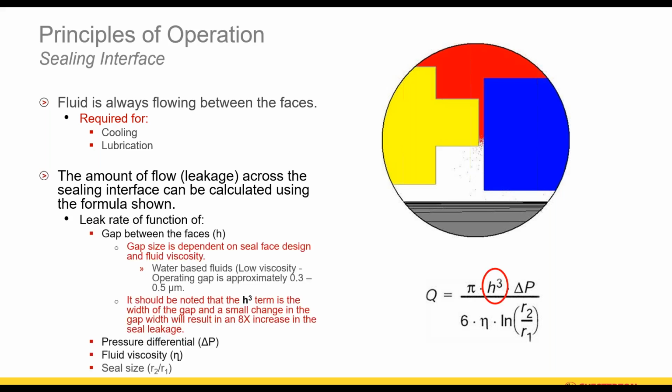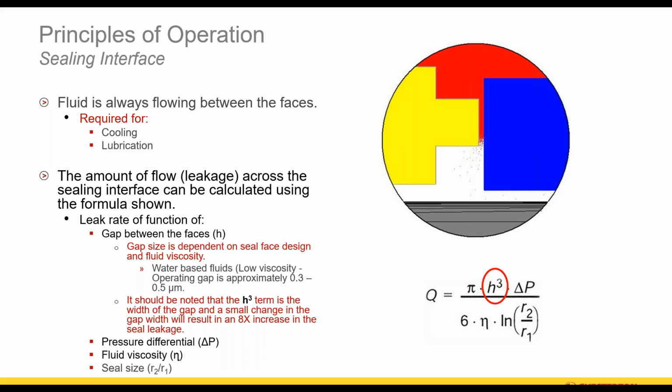The first big consideration is this H cubed term in the equation. That is the physical gap between the two seal faces. Obviously, the wider that gap, the greater the leak rate. And the fact that it's a cubic function, raised to the third power, means that any doubling of that gap will create an 8x increase in seal leakage.